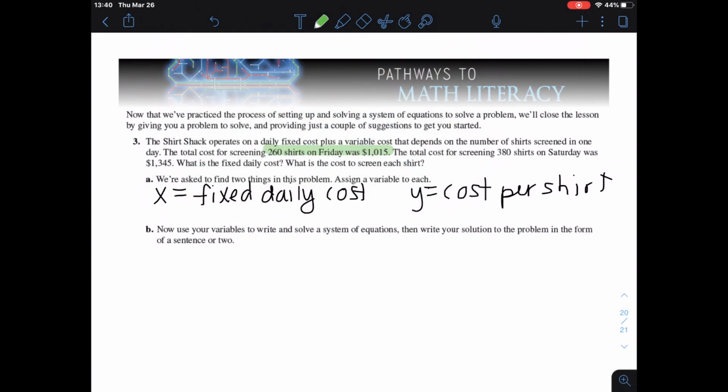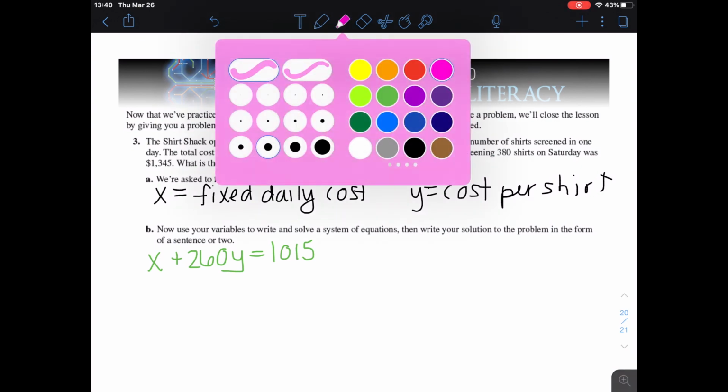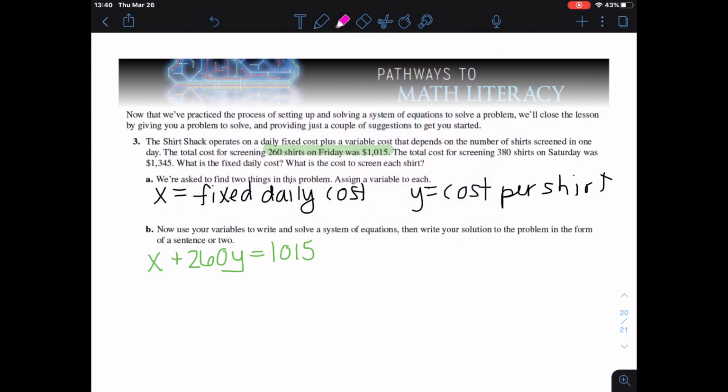For the first one, we have the fixed daily cost. We screened 260 shirts, and that cost Y dollars each. And in total, the cost for the day was $1,015. For the second day, 380 shirts cost us $1,345.